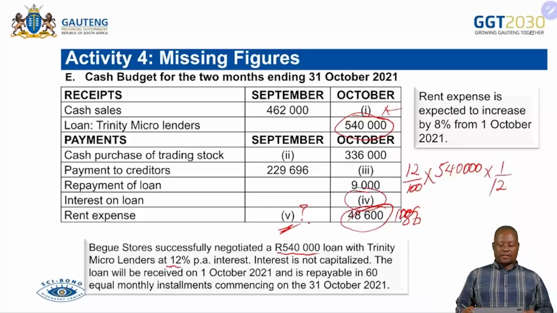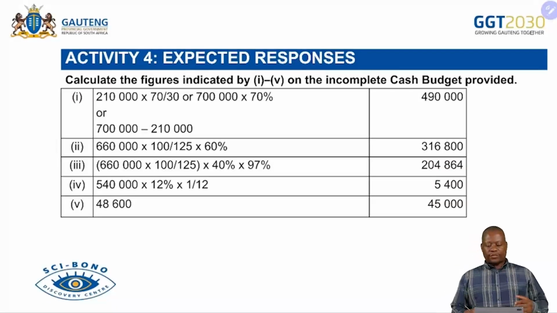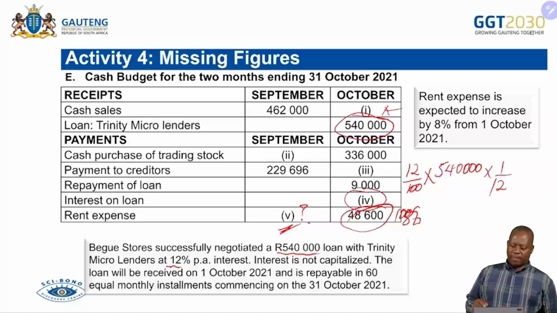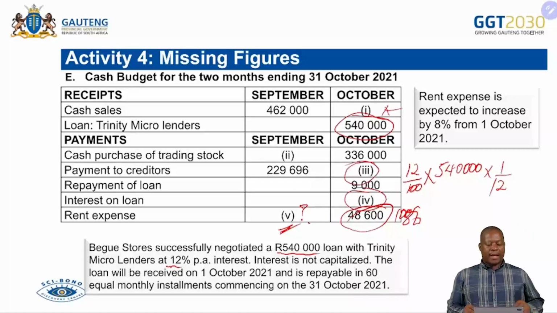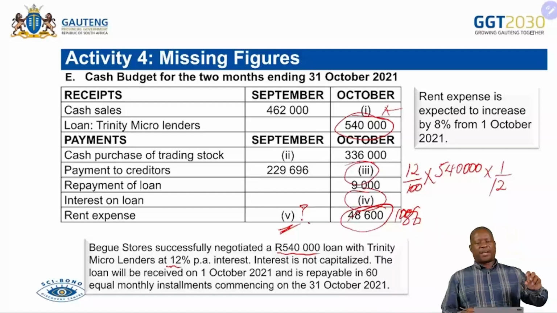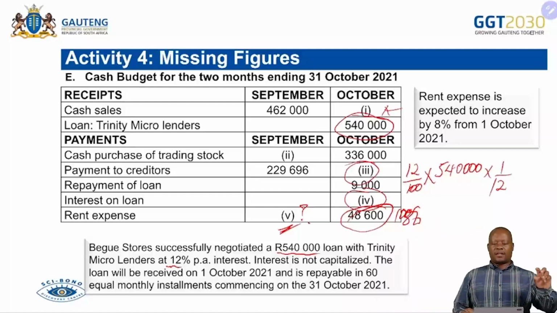That's it. Very good. Now, before we move on, we get to creditors' payments. Remember what I said when it comes to creditors. There is a relationship between the figure that is given for creditors and the amount for sales. So that is exactly what we are using here.